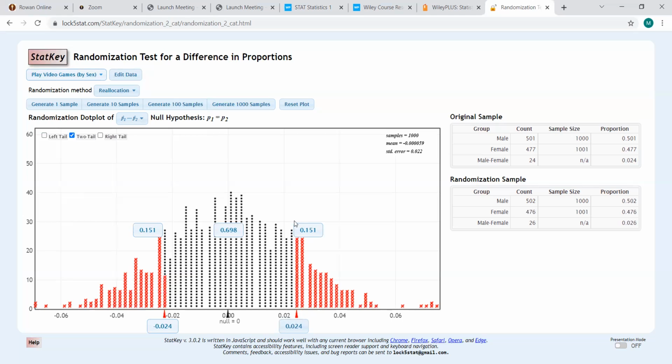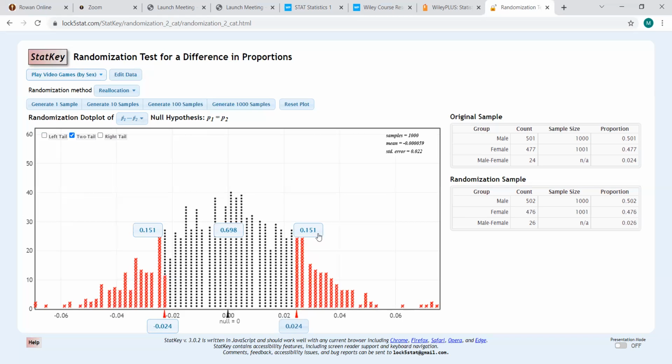So with two-tailed tests, this is something you should write down. We always double the probability that we see. So if it says 0.151, we multiply it by 2. And that is our p-value, 0.302. Now, that tells us there's about a 30% chance of getting a sample like this or something more extreme than that.